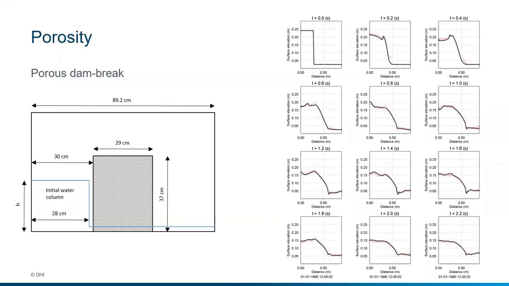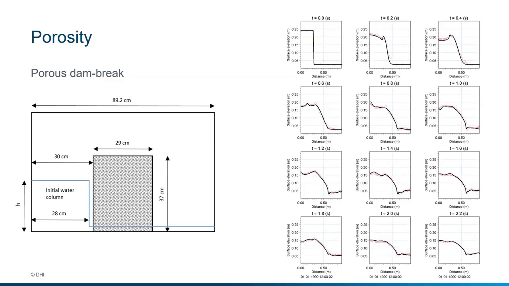So if we look into the time series to our right, we see that initially there's quite a broad cut in the surface elevation. Of course, this is from the impermeable separator between the porosity and the initial water column.